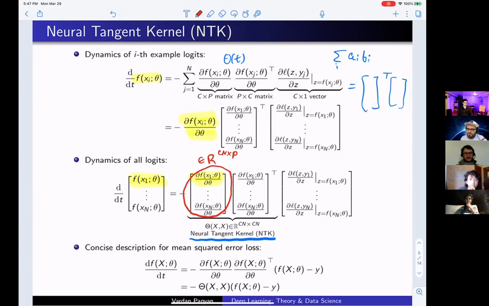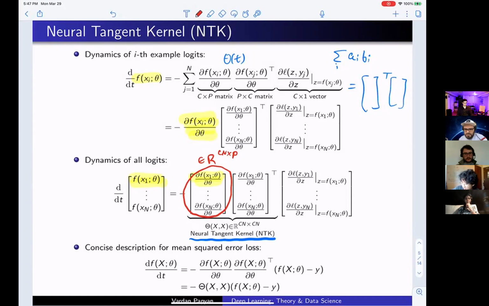And the third word, and the most important word, the kernel, neural tangent kernel. Why does the word kernel appear in the name? Because it's a Gram matrix, inner product. That is precisely correct. And this is exactly the thing that you should remember.